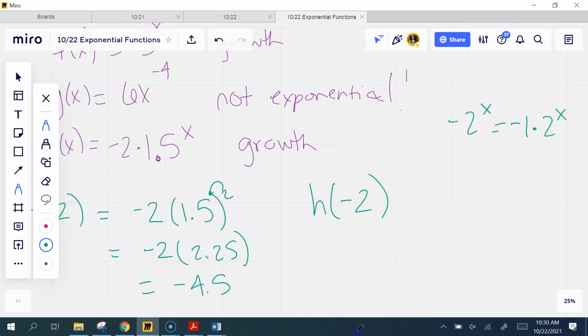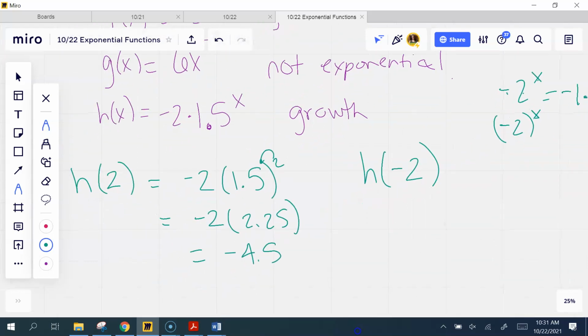So you do 2 to the exponent and then multiply by negative 1. This and this are different. This says to raise negative 2 to that exponent. This says raise 2 to the exponent and then do the negative.